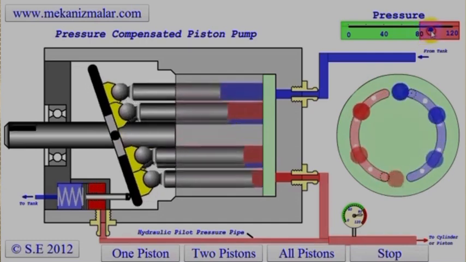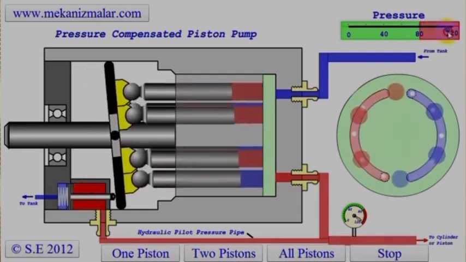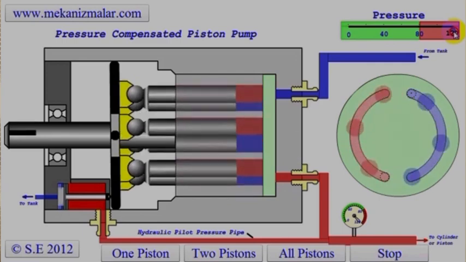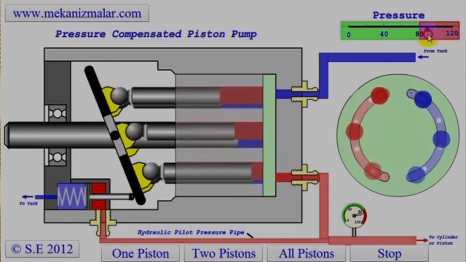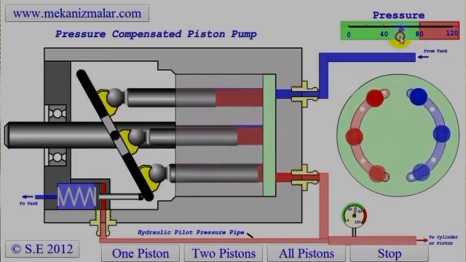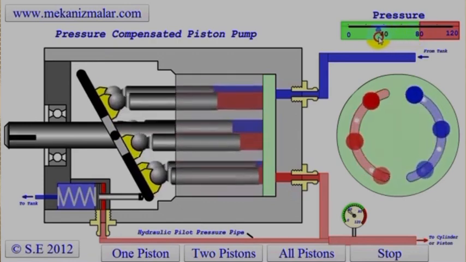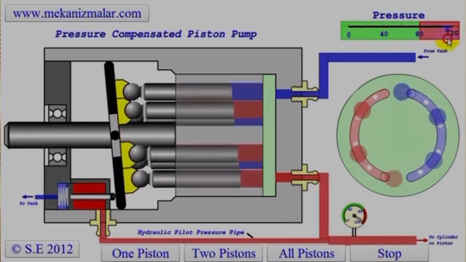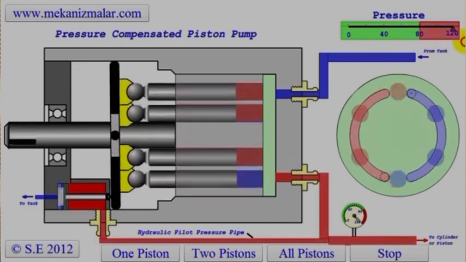Since the pistons have contact with the swash plate, they will also move to the zero angle position. Now the pump still turns, but the pistons will not have in and out movements inside of their cylinders, and there will not be any sucking and pumping activity.